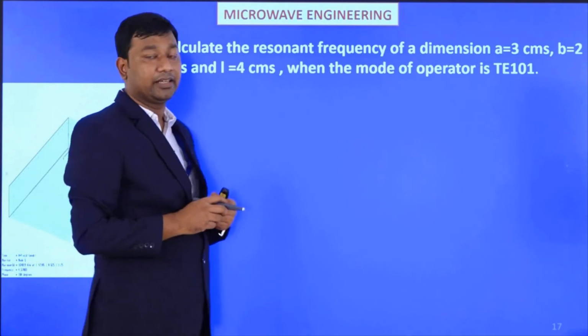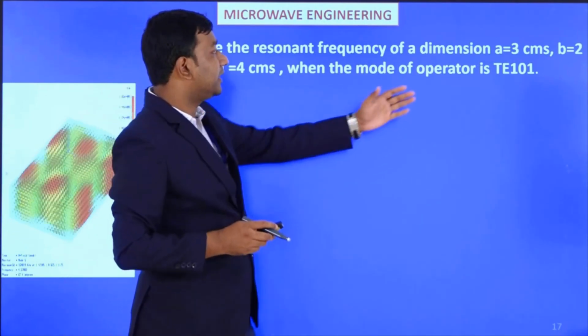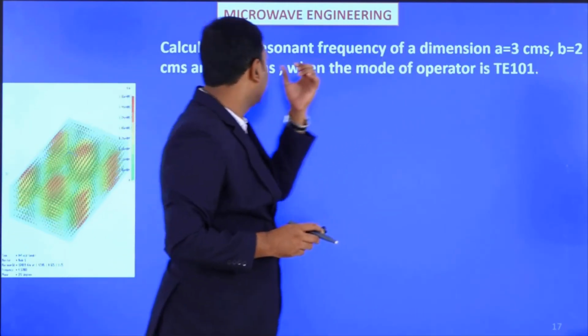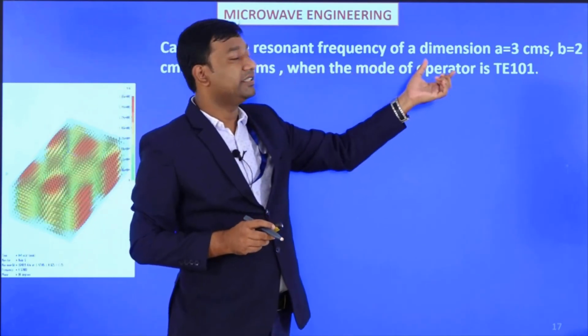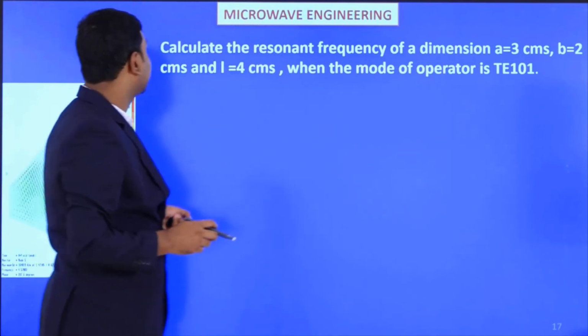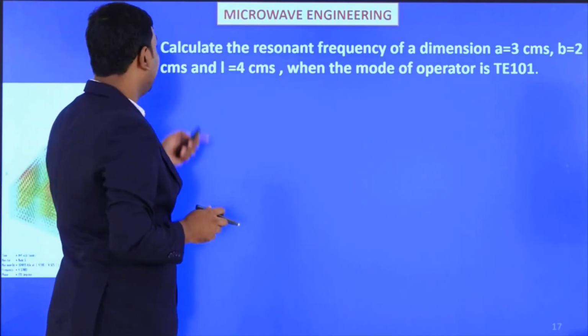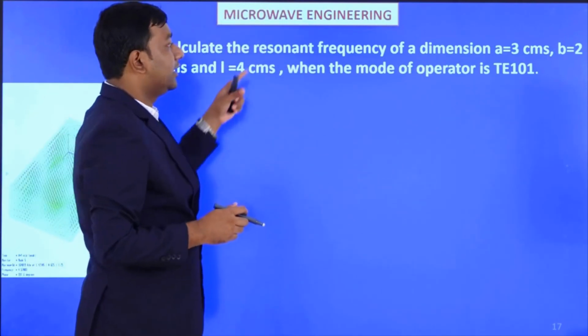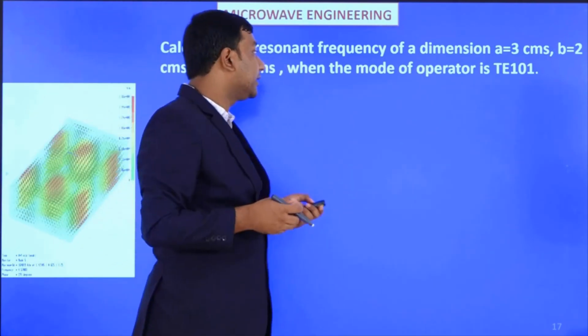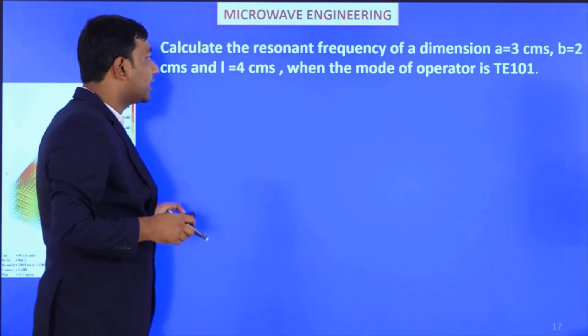Now we will see another problem. Calculate the resonating frequency for dimensions a equal to 3 centimeter, b equal to 2 centimeter, l equal to 4 centimeter, when the mode of operation is TE101. That is a rectangular cavity resonator, because a and b are given. For a circular resonator the radius or diameter would be given, but here a and b, so that is a rectangular cavity resonator.